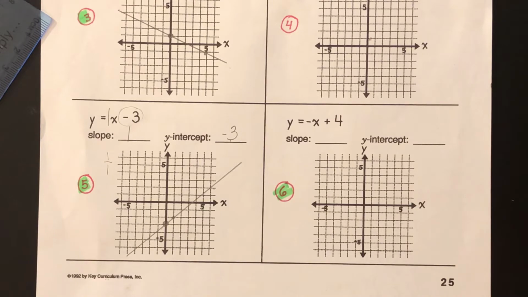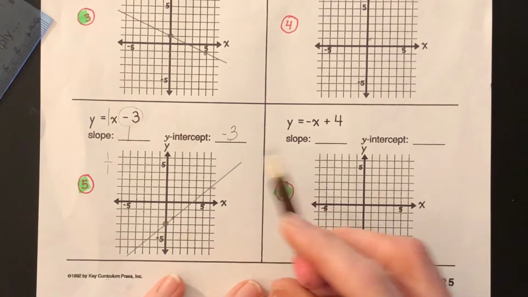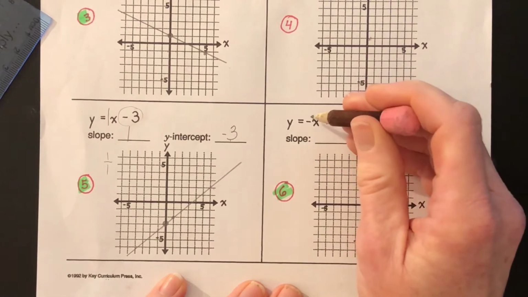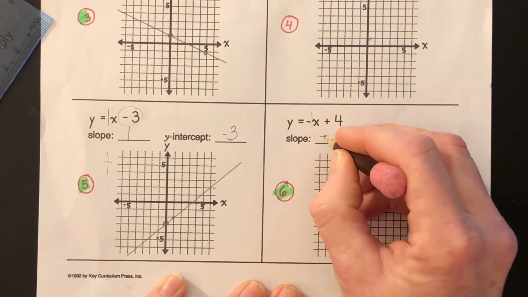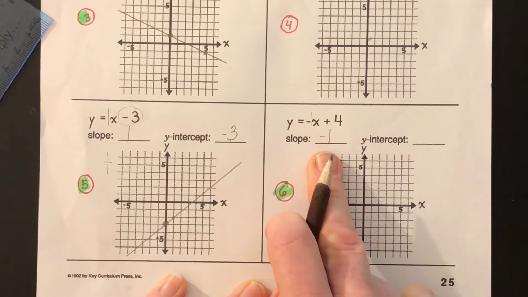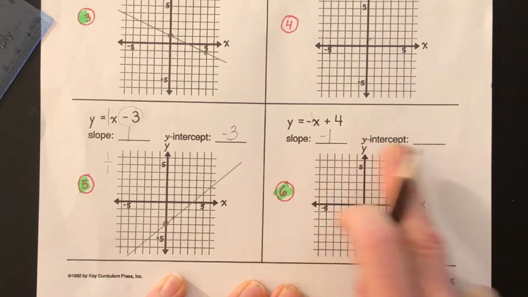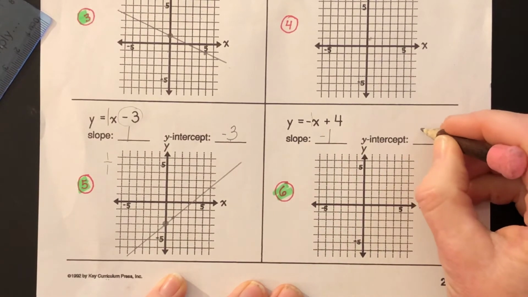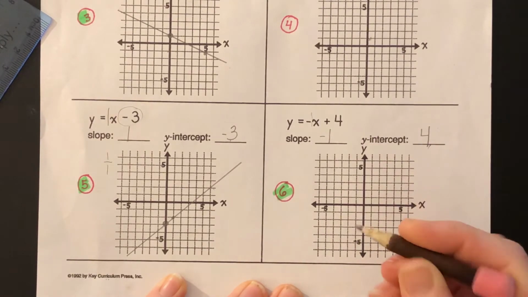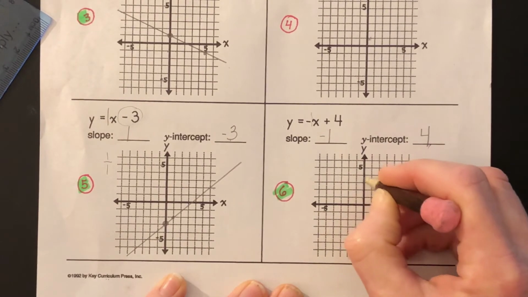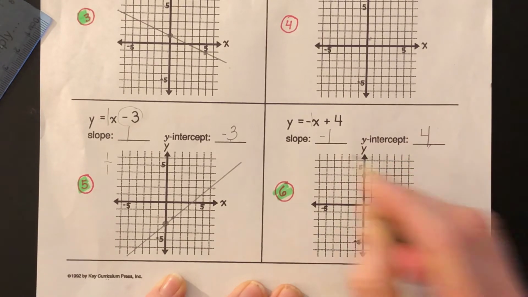One more, number 6. Our slope, so that's a 1, right? So our slope is negative 1. That means we're going to have a negative slope. Our y-intercept is 4. Let's find that point. Negative 1.